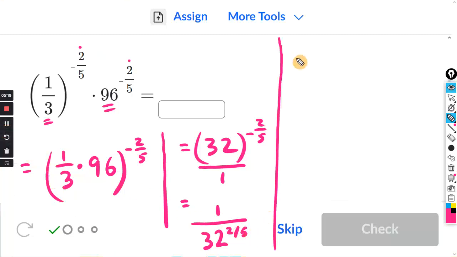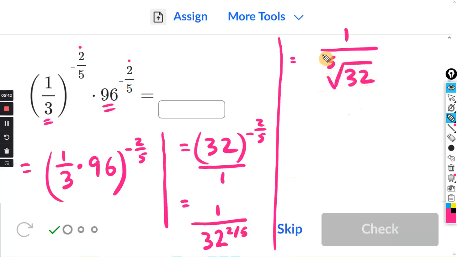All right, and this is going to be the equivalent of 1 divided by, this is 32 squared. The numerator is the exponent and the denominator is the root. So it's going to be the 5th root of 32.